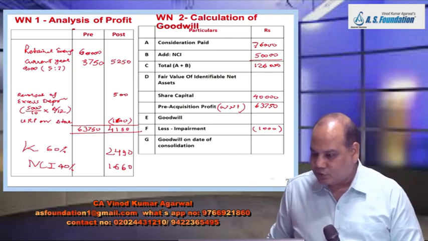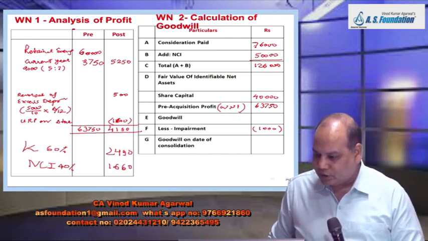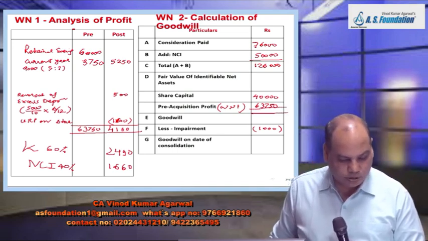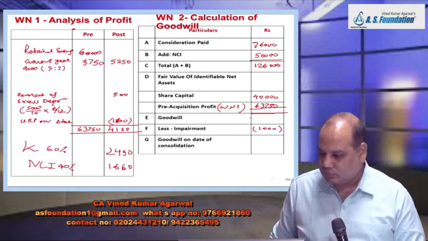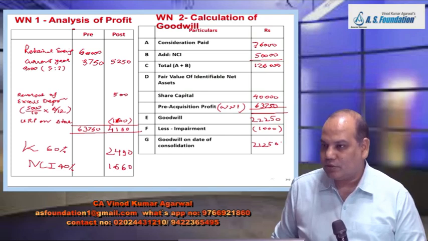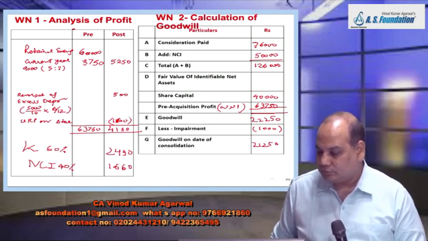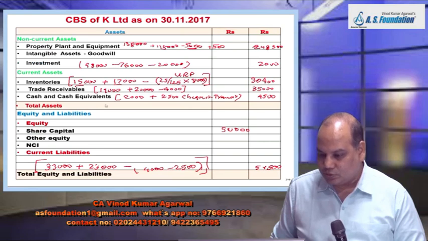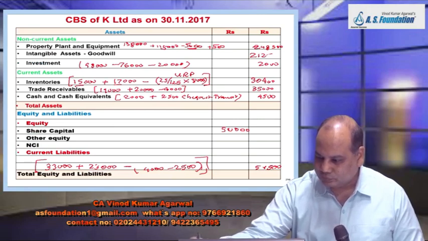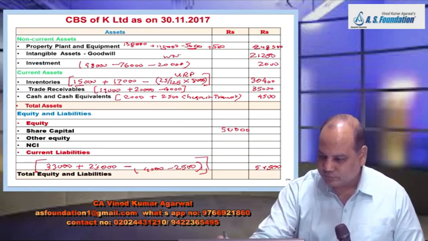Okay, let us first complete this goodwill working note now. Anybody who calculated how much is the goodwill? 21,000? 22,250 minus 1,000. 21,250, correct? So what I'll do, I'll go to main page, right here goodwill 21,250, working note 2.